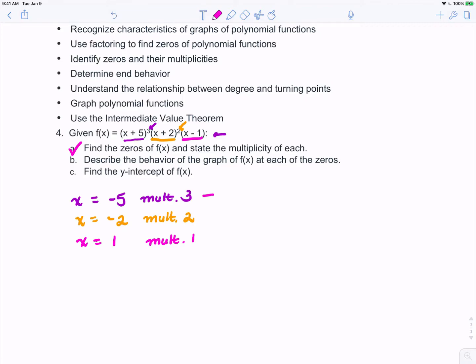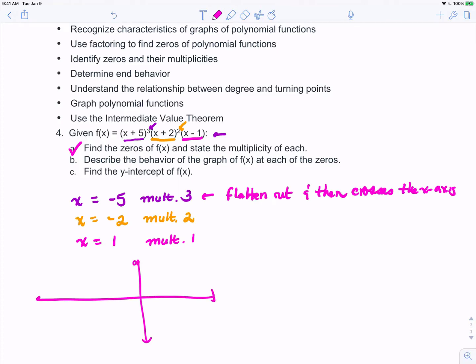When you have an odd multiplicity that's greater than 1, the graph is going to flatten out and then cross the x-axis. So just as a reminder, what would happen at negative 5, so out here at negative 5, now we could see if it was positive or negative, so that's more detail than we were asked to go into in the problem, but it would do something like this, flatten out and then cross.